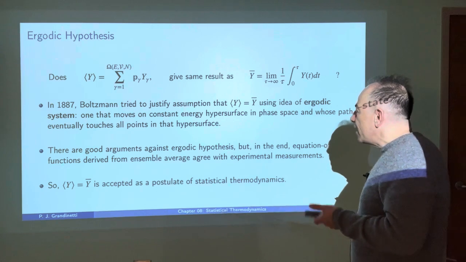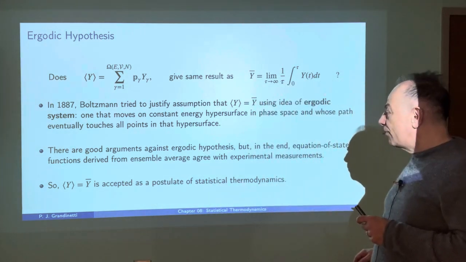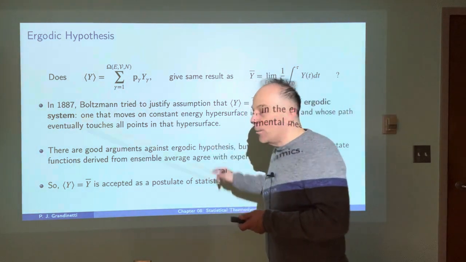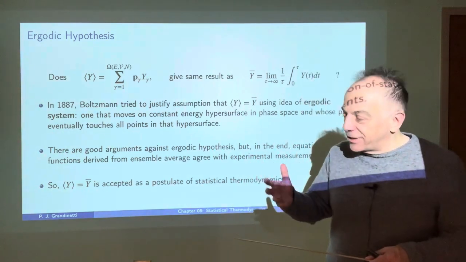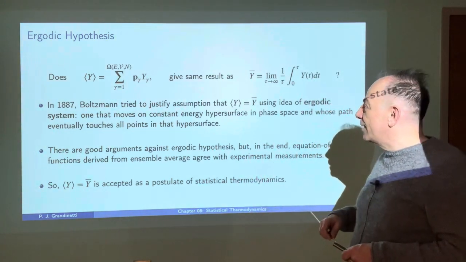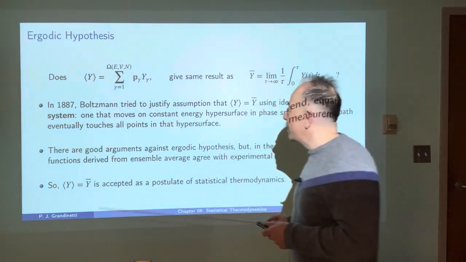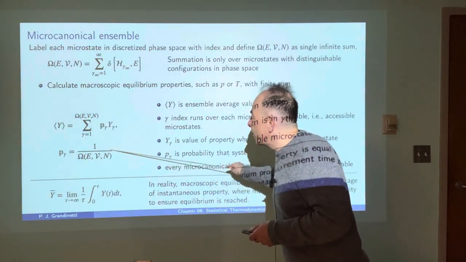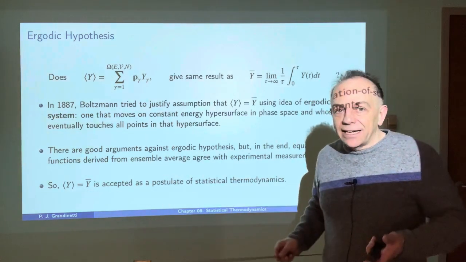But now it's just understood that this is a postulate of statistical thermodynamics, because it turns out that if you apply this approach, you get the right answer. This was the approach that Gibbs took in his formulation of statistical thermodynamics: just assume that this probability distribution is the probability that you use, and it's going to give you the right answer, and in fact, it does.